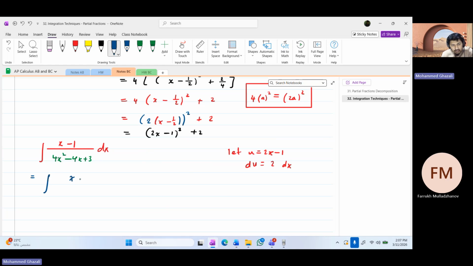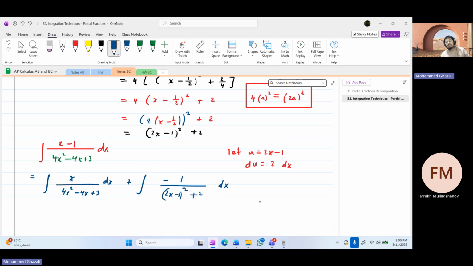I need to split it up into 2 parts: the integral of x over 4x squared minus 4x plus 3 dx, plus the integral of negative 1 over (2x minus 1) all squared plus 2 dx.